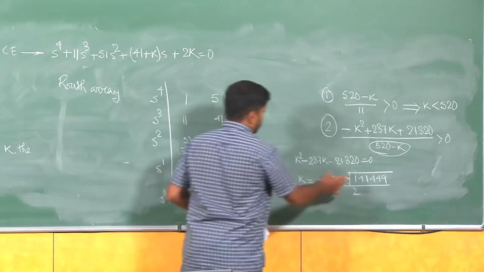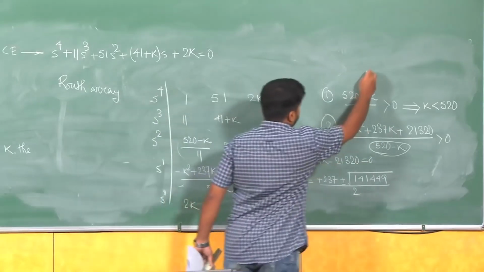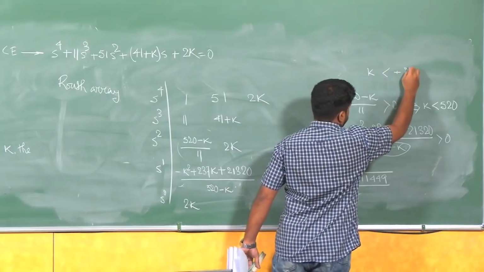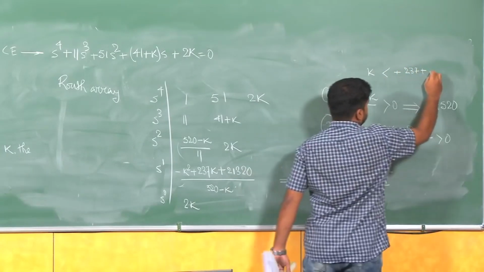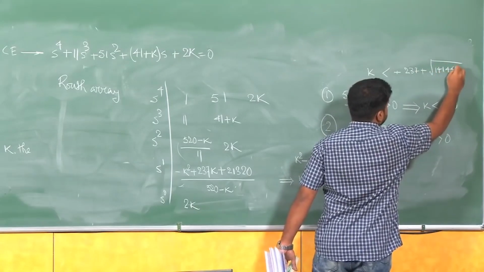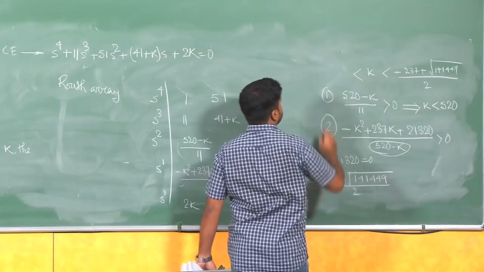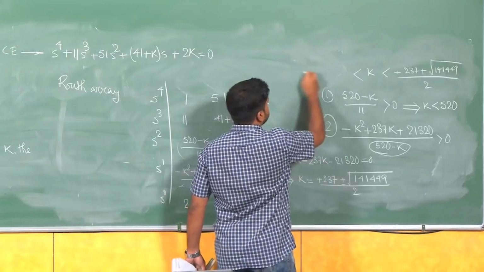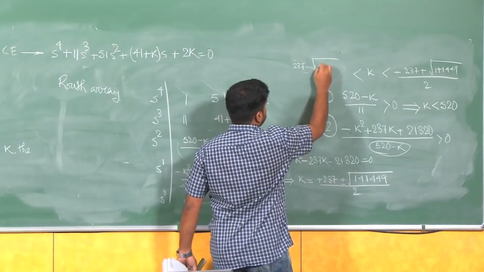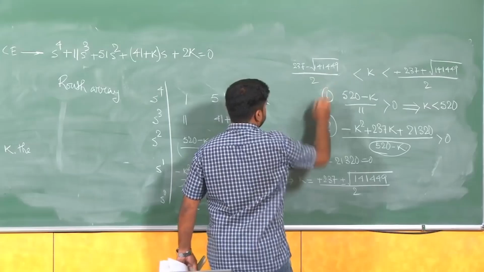For this term to be greater than 0, K should lie between 237 minus root 141449 by 2 and 237 plus root 141449 by 2.